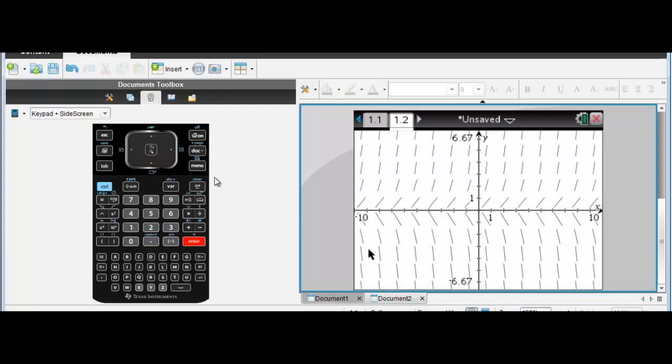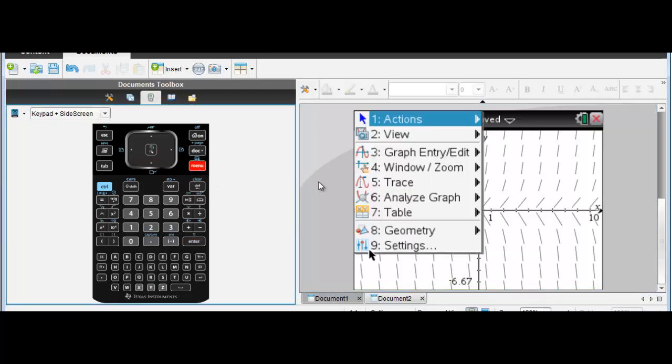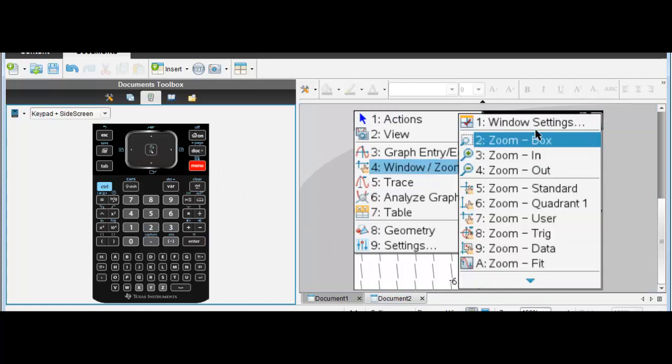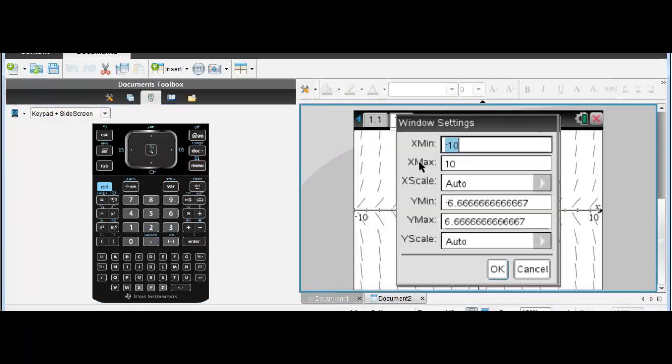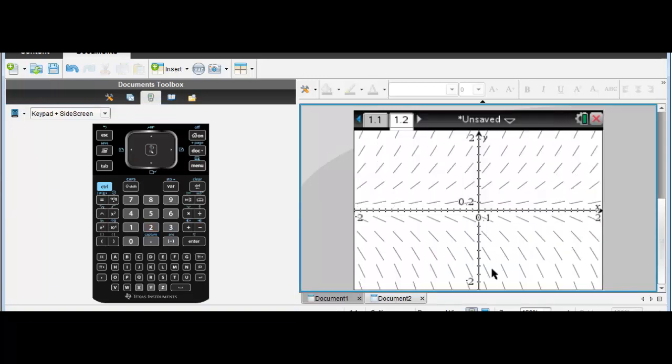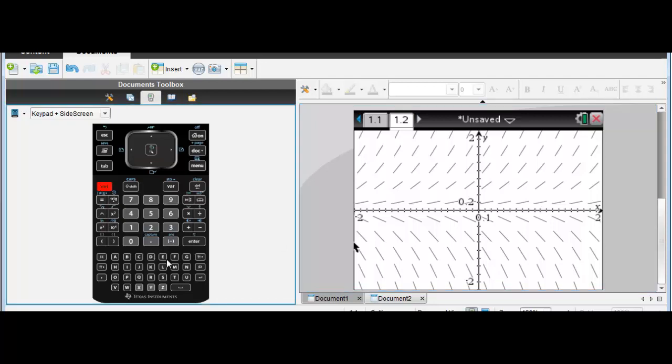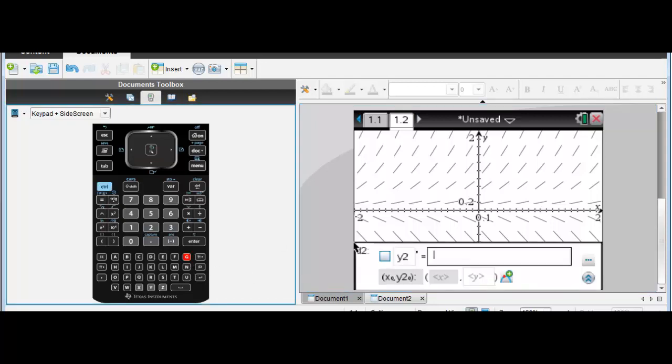And actually, let's make our window match up with the one on our page. Our window on the page goes from -2 to 2, and we'll make this go from -2 to 2 as well. So it looks pretty much like what we have there. And if you want to see the particular solution, you can make it go through a certain point, which would be example 3 in our notes.